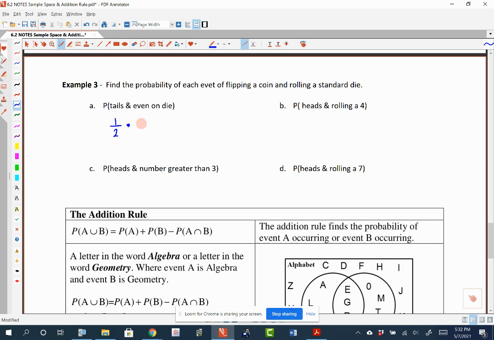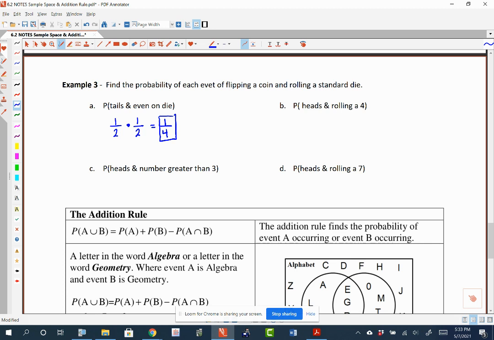Well, there's 2, 4, 6. There are 3 evens out of 6 total being rolled. You could also think of that as 1/2. 3 out of 6 is 1/2. And we can multiply those together. So we have a 1 in 4 chance of getting a tails and an even number on a dice.